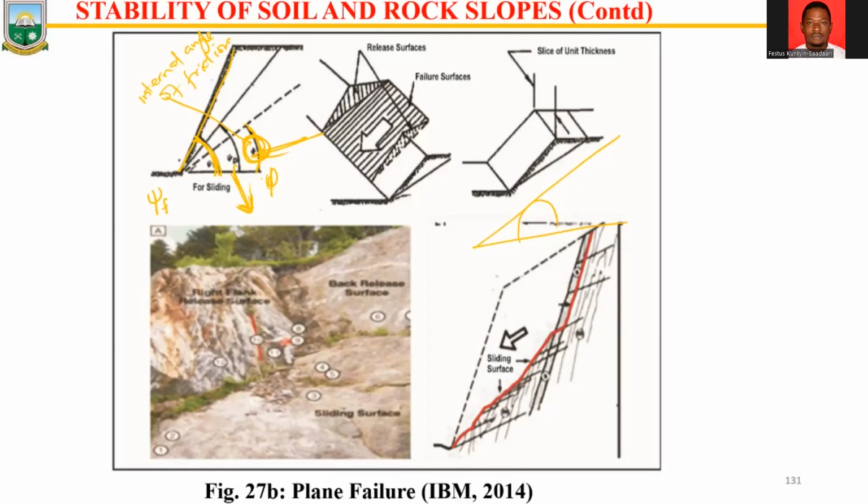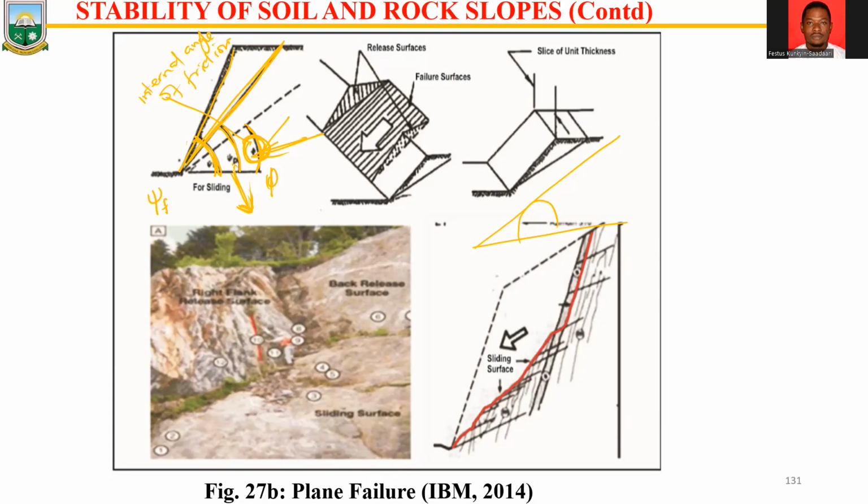Then you went to the field and realized that there has been a failure on your slope face. Then you decided to measure the angle of the line that caused the failure on your slope. You measured and got a certain angle that falls between your angle of internal friction and your design slope face angle.